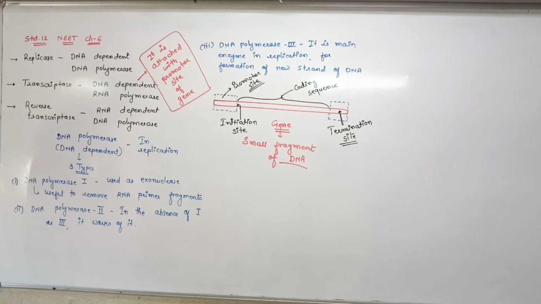Okay, so the gene diagram is not given in the textbook, and so here 4 regions are there on the gene: promoter site, initiator site, coding sequence which is responsible for elongation, fine, and then the termination region or terminator region, fine.